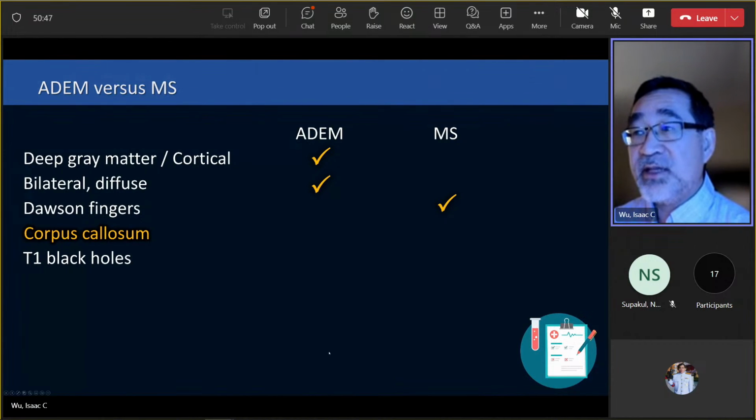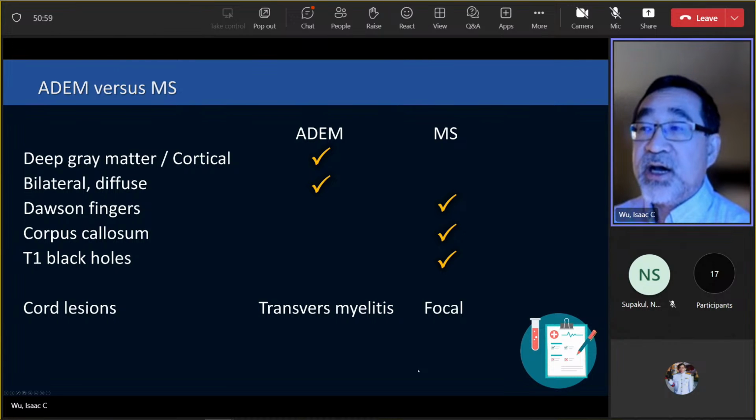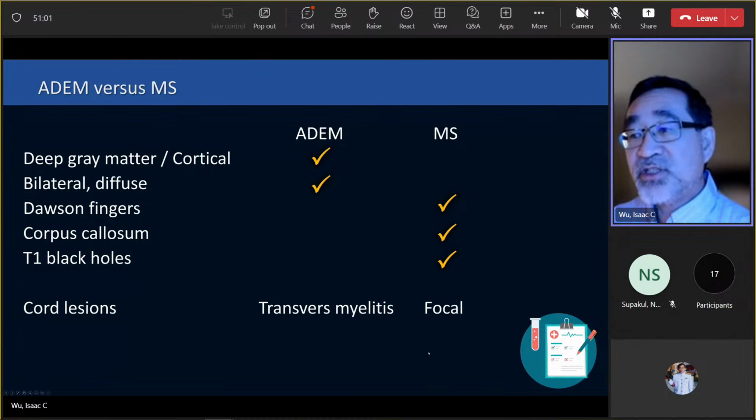They can, but they just don't go there as much as MS likes to go, so think about MS. If you see T1 black holes, that's MS more than ADEM. In the cord, ADEM presents with a long segment transverse myelitis, and MS is more short and focal.